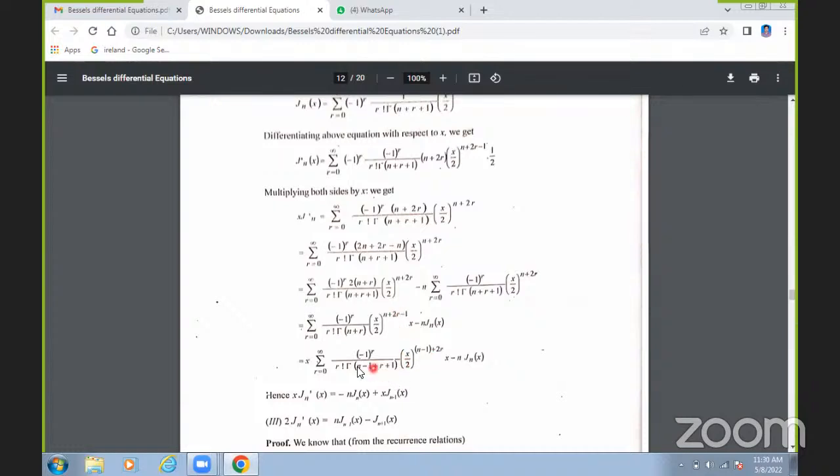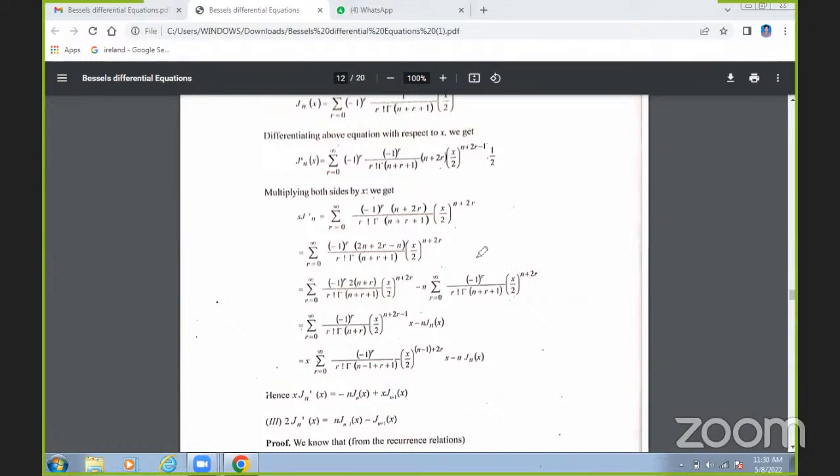This entire one is nothing but J n minus 1 of x. And x is there as it is. So it is x Jn minus 1 of x, and this is minus n Jn of x we have written. So this is the second recurrence relation which we have proved.